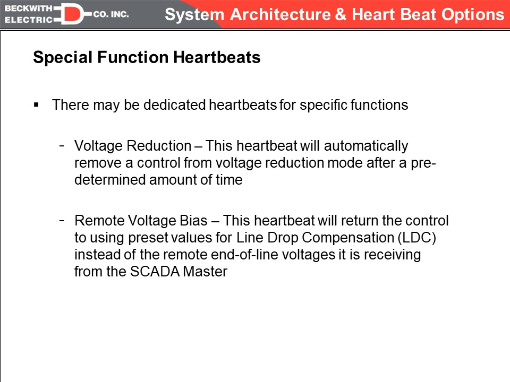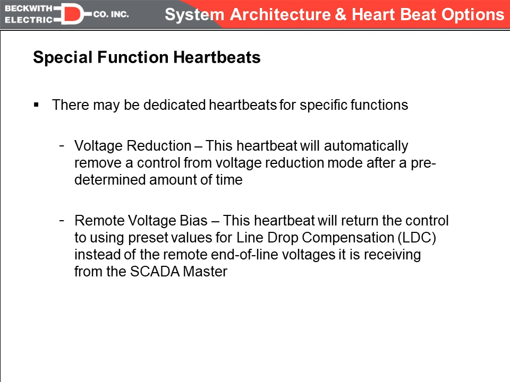Therefore, if we can just get a measurement and have SCADA tell us what that end-of-line voltage is, we would know exactly where we need it to be. So for instance, if the end-of-line voltage is 118 and I want it to be 120, I know I have to raise my voltage by 2 volts to get it up to 120.